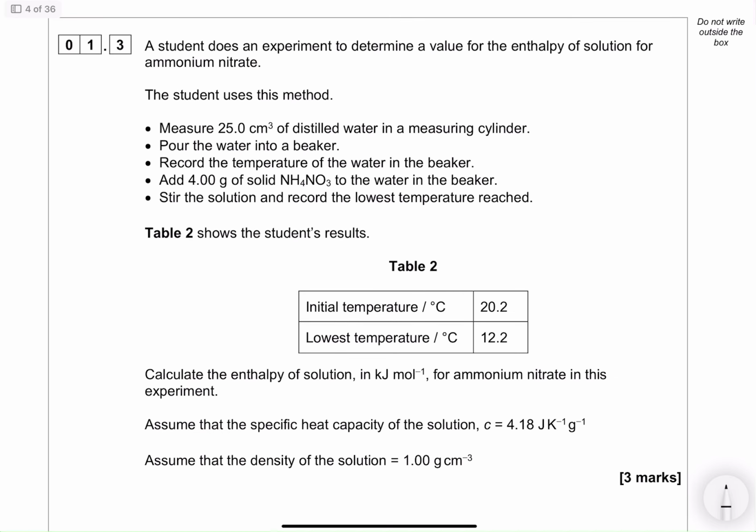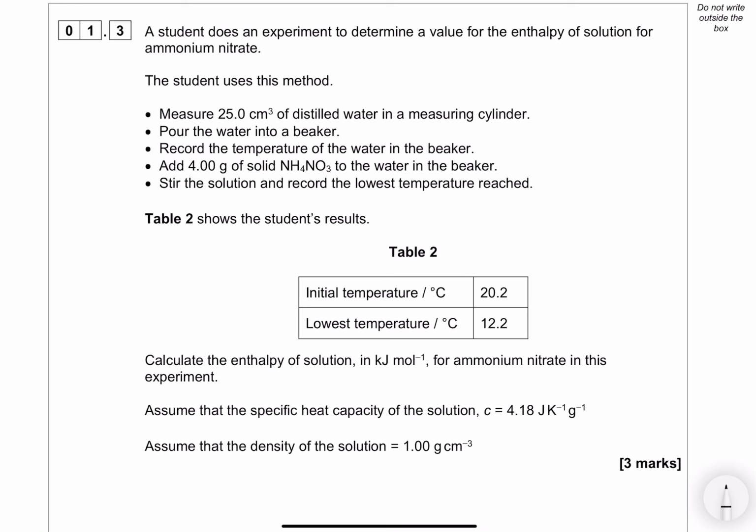A student does an experiment to determine a value for enthalpy of solution. So remember, we were already shown that the enthalpy of solution was when we went from the solid ionic lattice to the aqueous ions. We would do that by adding water and dissolving it. The student uses this method. They measure 25 centimetres cubed of distilled water in a measuring cylinder and pour the water into a beaker.